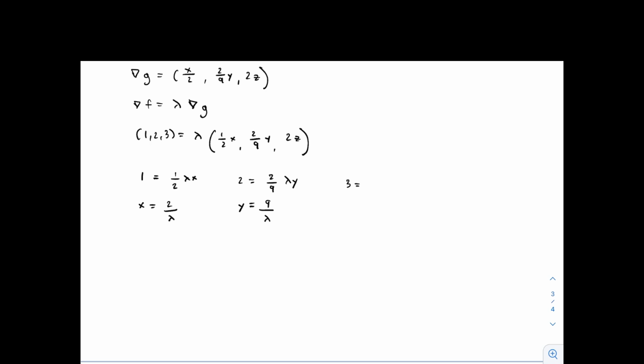3 is equal to 2 lambda z, so z is 3 over 2 lambda.